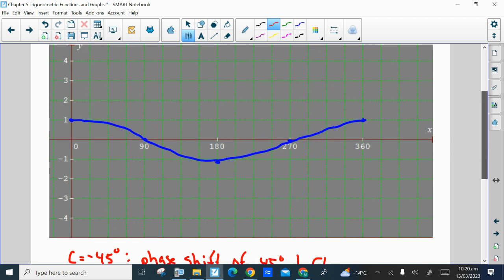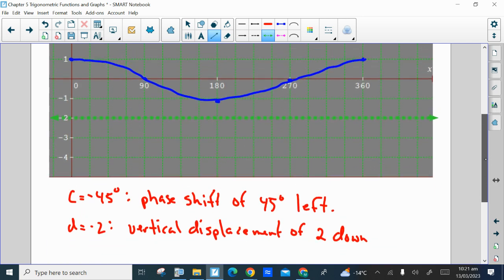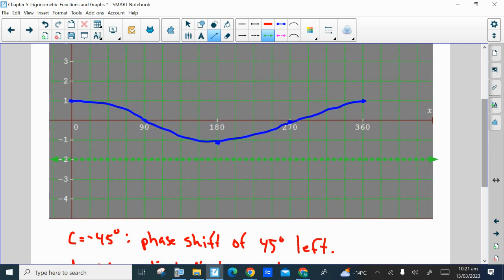So because it went 2 units down, our horizontal midline will be now at -2. It goes down 2 units. So all our points are going down 2 units, and we're also shifting the graph 45 degrees to the left.